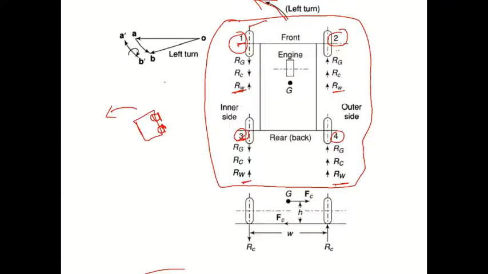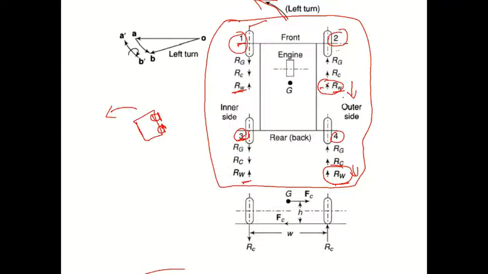Here we know all the reaction forces are acting upward. There is a chance sometimes that the reaction force, particularly the reaction force of the outer wheels, is turned towards downward, and then the wheels will be lifted off from the road and the entire vehicle will collapse.